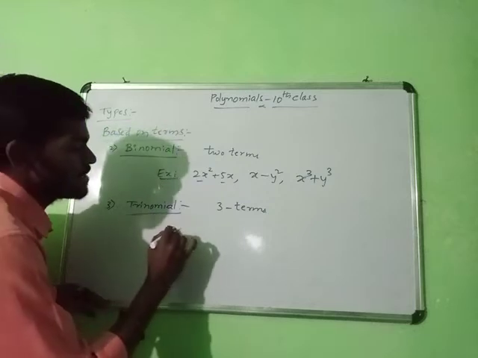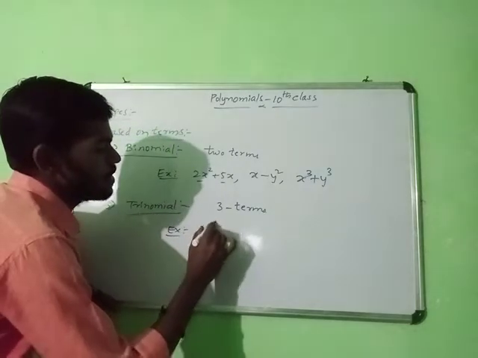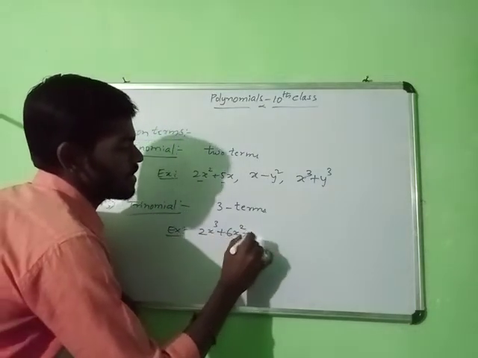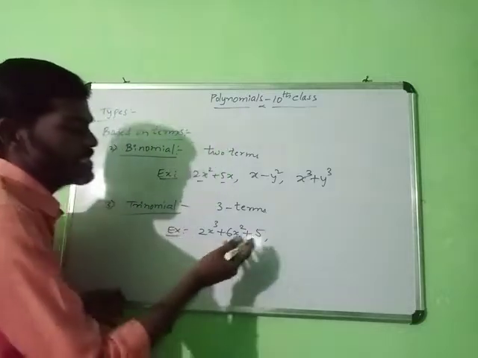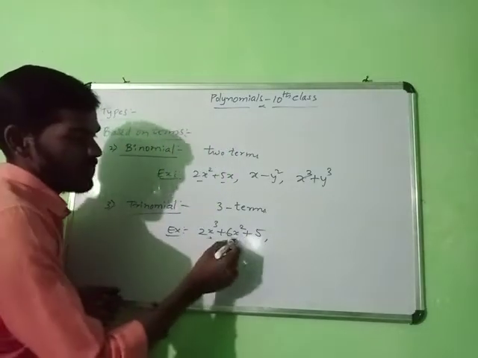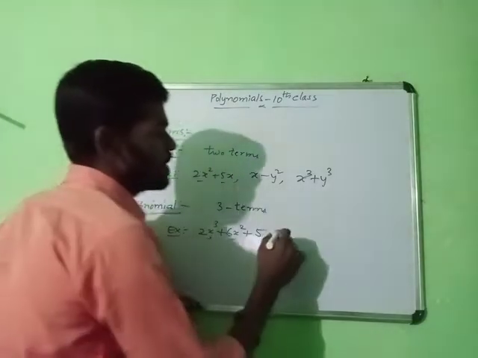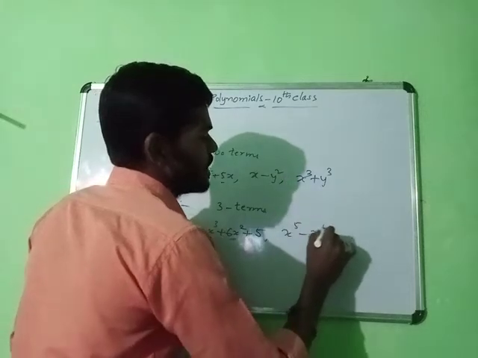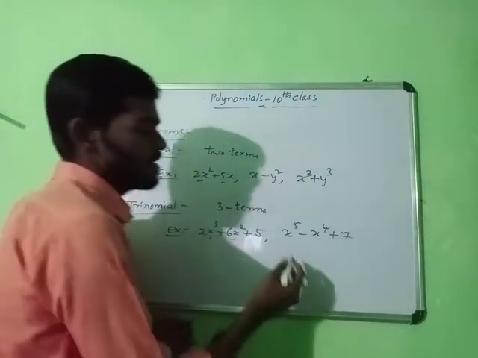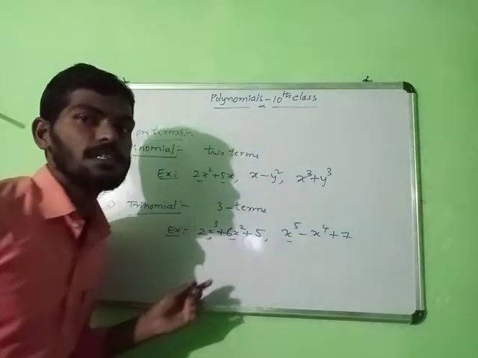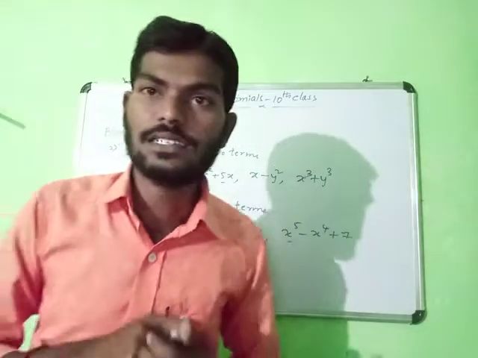Examples are 2x cube plus 6x square plus 5. These are three terms: this one term, this one term, this one term. Another example: x power 5 minus x power 4 plus 7. Here also three terms are there. These are the examples of trinomials.